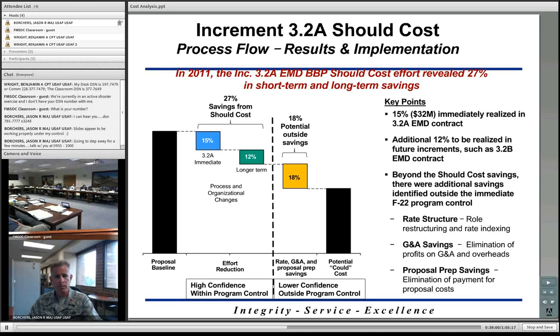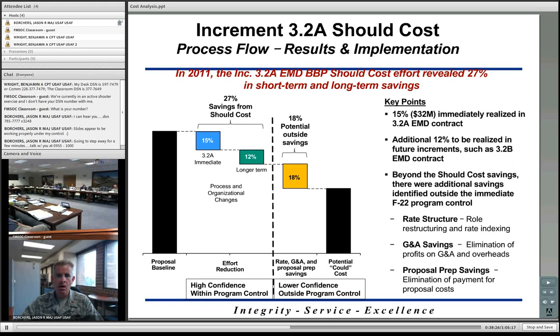Going from left to right, we start at the proposal baseline. You can see the different increments of savings that could happen as a result of these efficiencies due to should cost initiatives, to arrive at your potential could cost. What this thing could actually cost should all the should cost savings be realized.